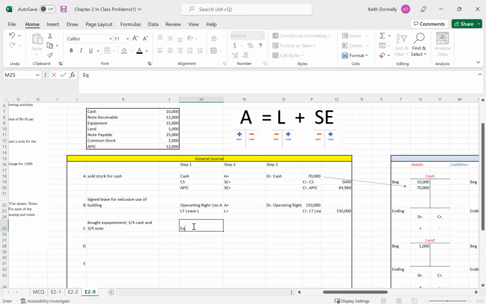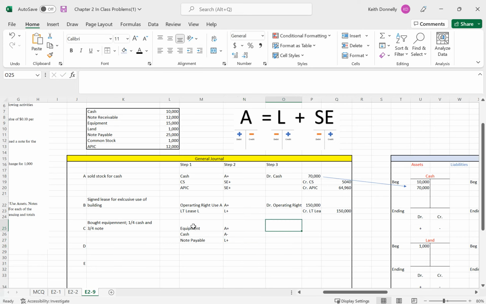So in this case, we have equipment, cash, and note payable that we have to pay back. Equipment's an asset that we now have more of, right? Cash is an asset that, I'm sorry, we now have less of, right? We paid cash here. And note payable is a liability that we now have more of.